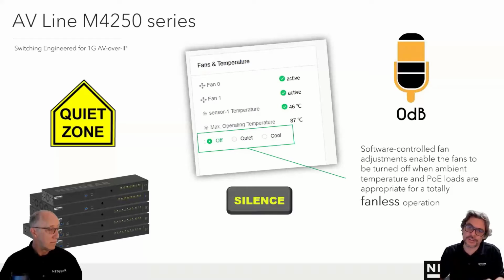So for the first time, I believe in this industry, we can ask our software to shut down the fans, to go fanless with some restrictions about the overall PoE budget. But still, in the conference rooms, you'll be good to go totally fanless. And for all other installations, the quiet mode in the middle is the default.